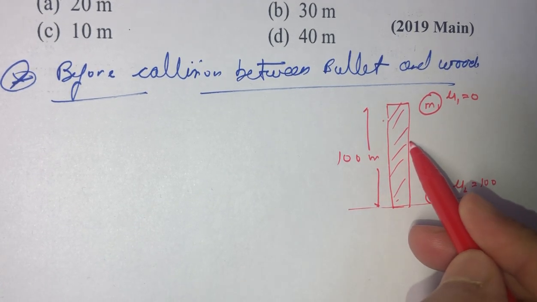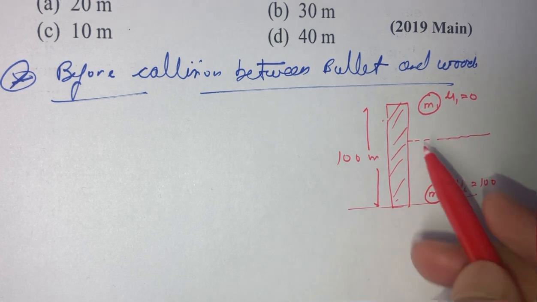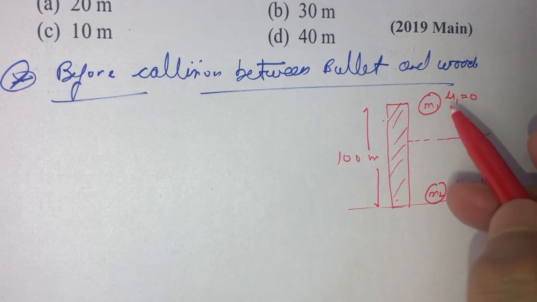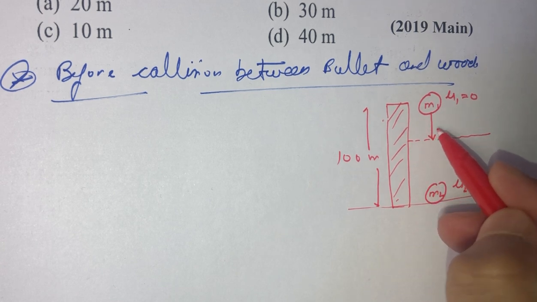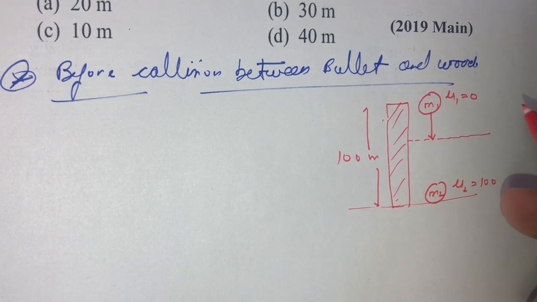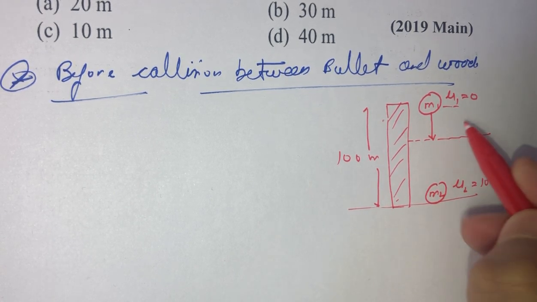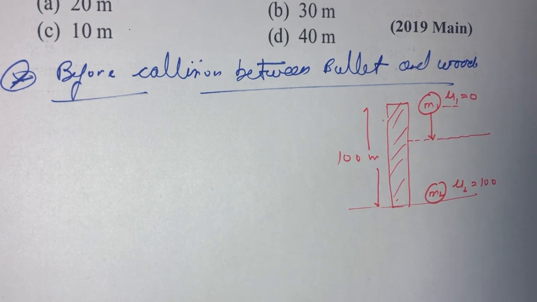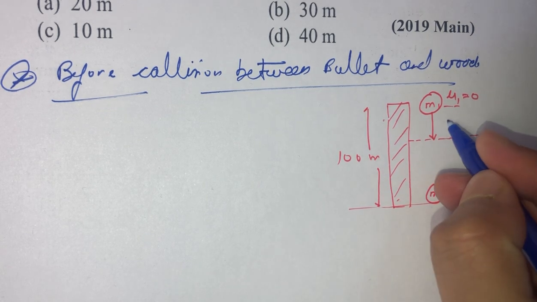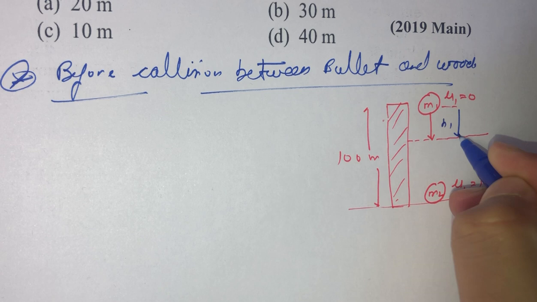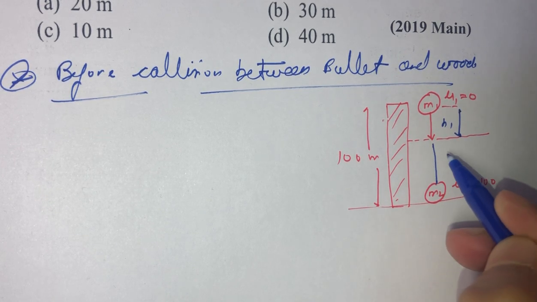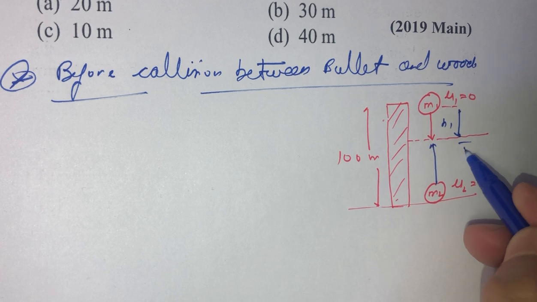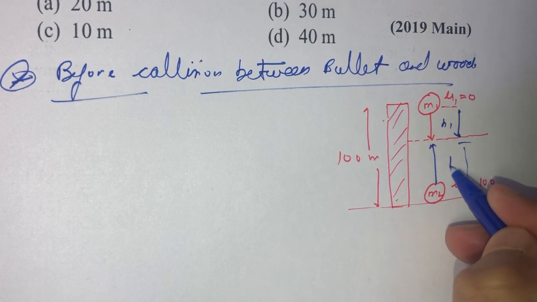Let us suppose this is the level at which the collision takes place. So the distance traveled by the wooden block in the downward direction, let us suppose, is h1, and for the bullet this height is s2.